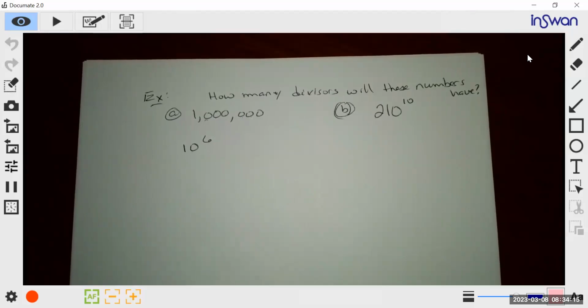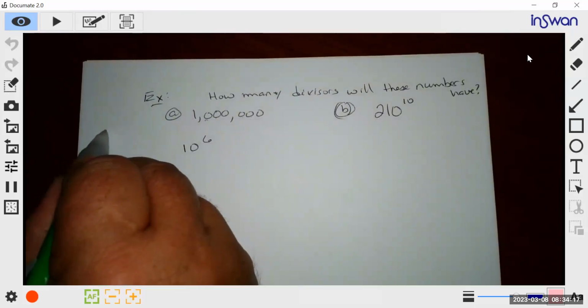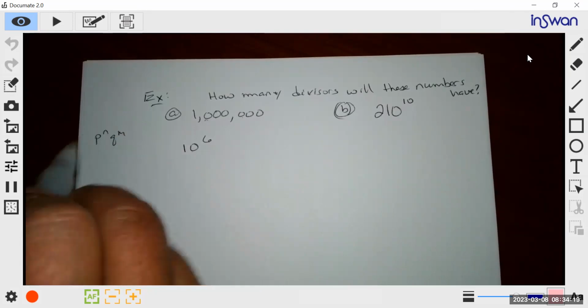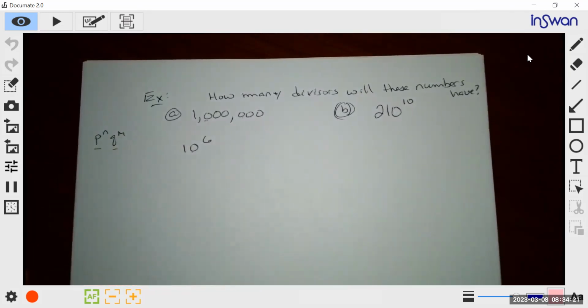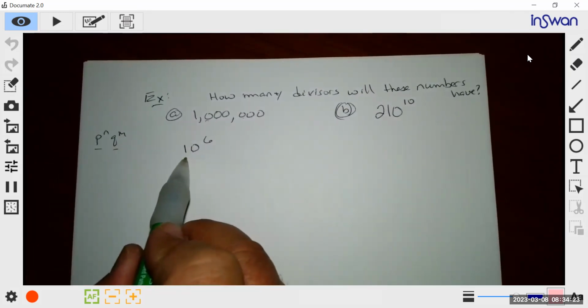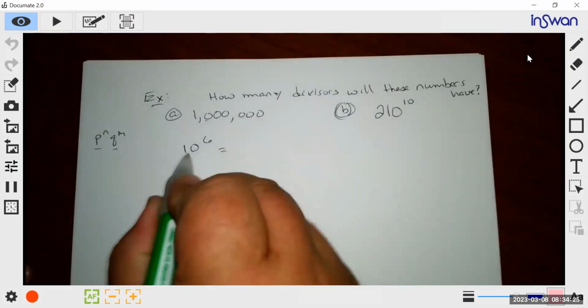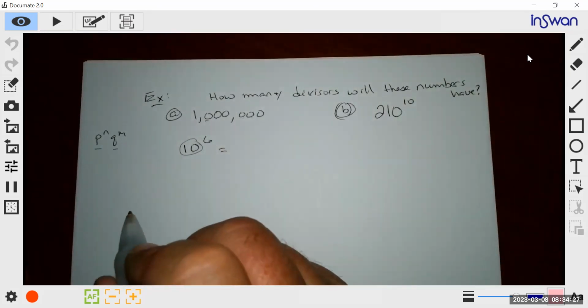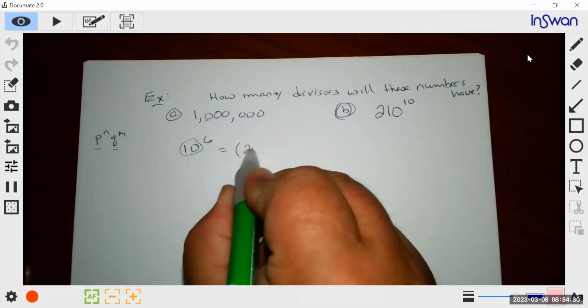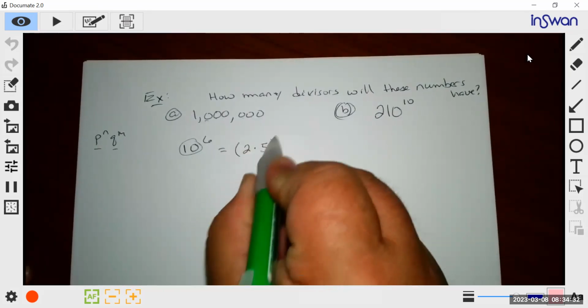Using our theorem, remember, we have to have P to the N and Q to the M, where P and Q have to be prime numbers. Is 10 a prime number? No. So what is 10 made up of? We have to go down to make those into prime numbers.